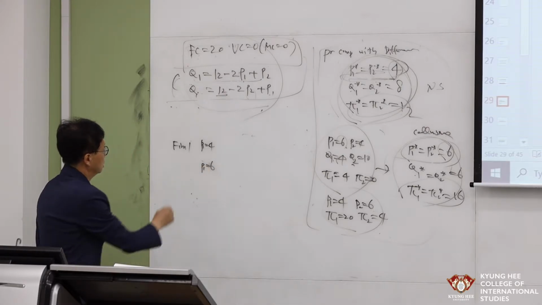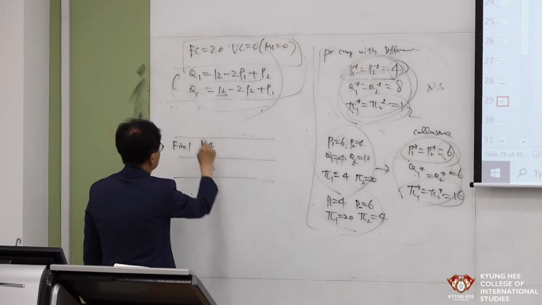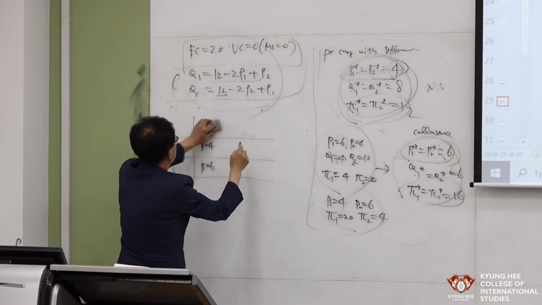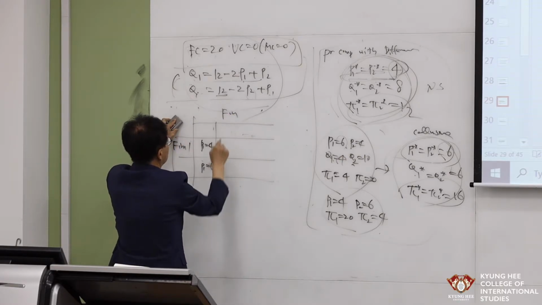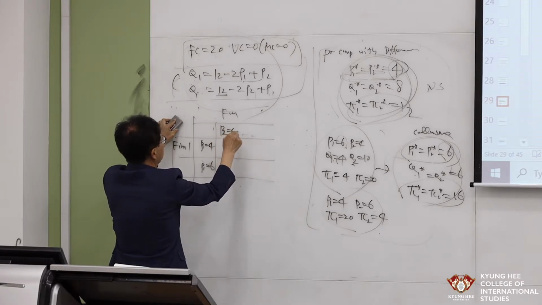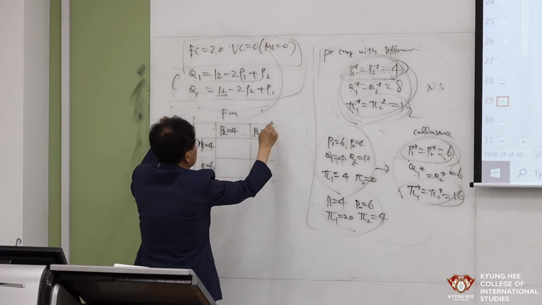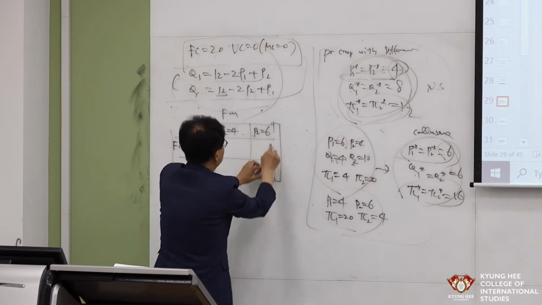Two strategies. Similarly, firm 2 has two strategies. Set its price P2 is $4 or P2 is $6, right? So two strategies. Then what is the payoff matrix?